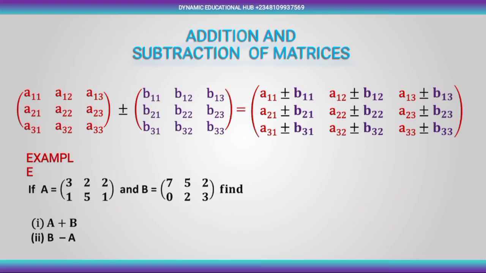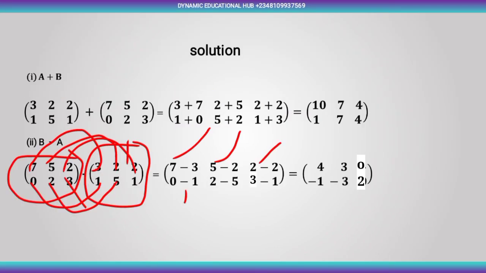We went further to do some calculation, which is addition and subtraction of matrices, and the condition that enables us to perform them. Our matrices must be of the same order to perform addition or subtraction. We solved some questions as well.